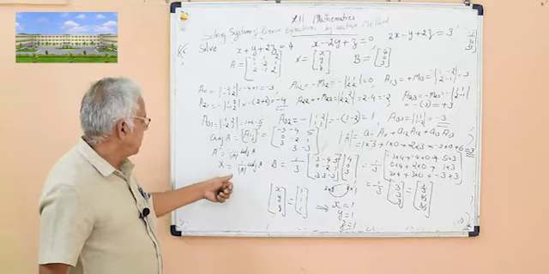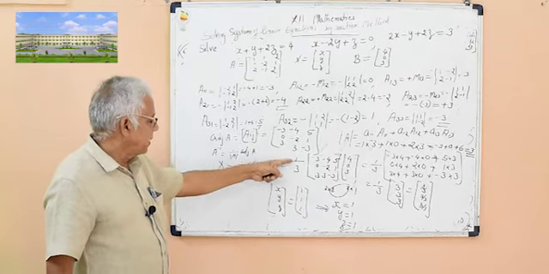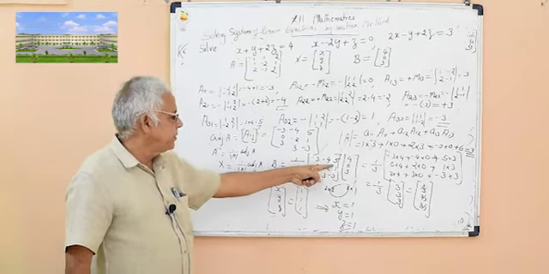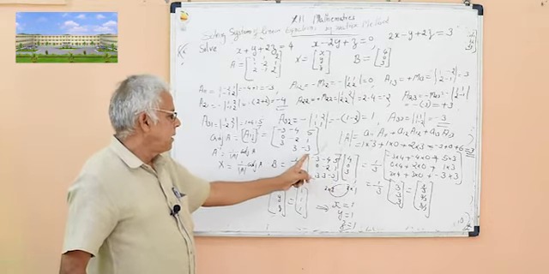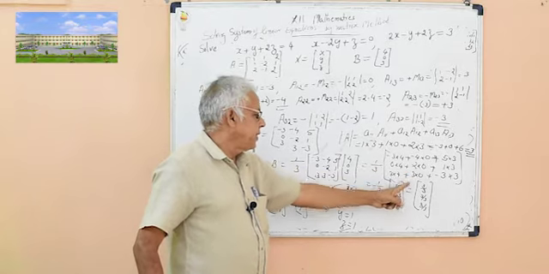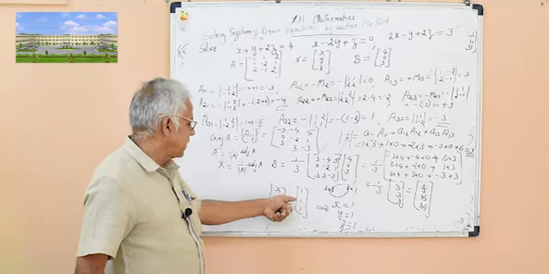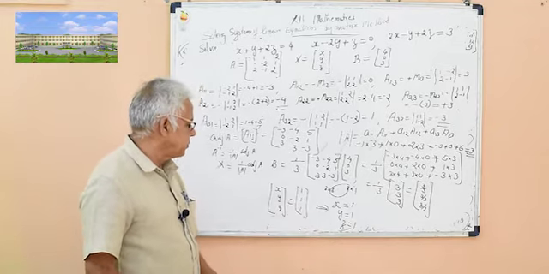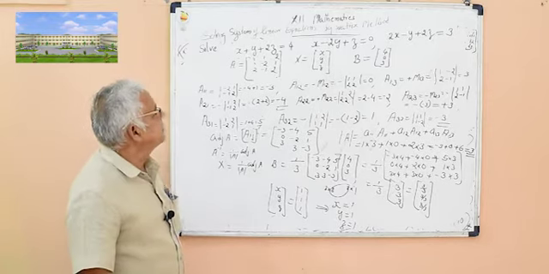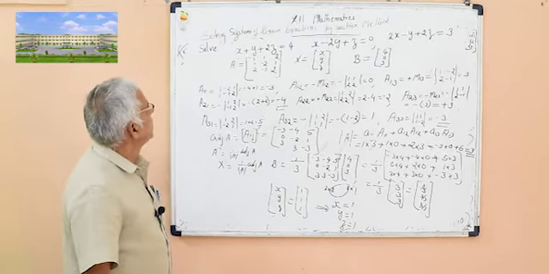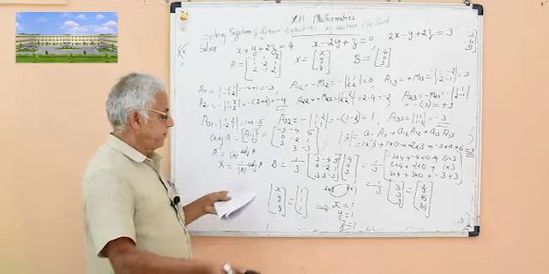Then the formula x is equal to 1 by determinant of A into adjoint of A into B, which is 1 by 3 into the adjoint matrix into B. Multiplying, we get the matrix 3, 3, 3. Dividing by 3, we get x, y, z equal to 1, 1, 1. Solution: x is equal to 1, y is equal to 1, z is equal to 1. This is the matrix method to solve the given linear equations.